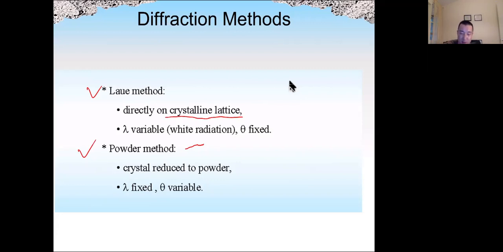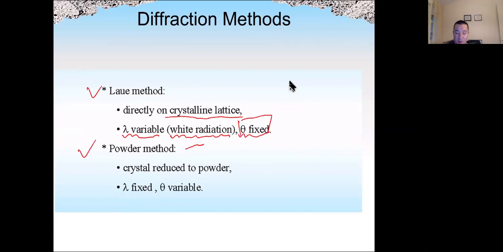We cut the sample and then use white radiation. For white radiation, the lambda will be variable, there is more than one wavelength, but the incident angle theta is fixed.